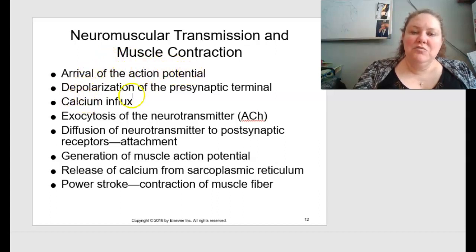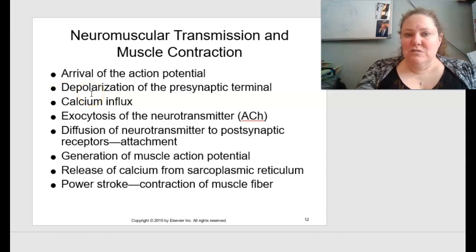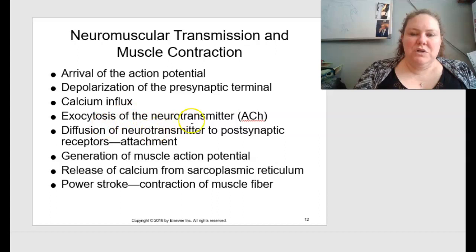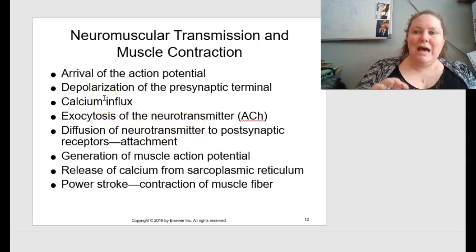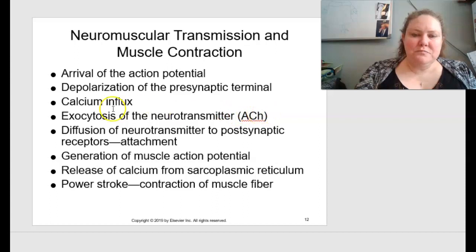That's going to cause the influx, or a significant increase, of calcium into that area. Then you have exocytosis of the neurotransmitter. Remember, endo is in, exo is out. So this is going to cause an exocytosis, or an exiting, of the neurotransmitter, which again is that acetylcholine.